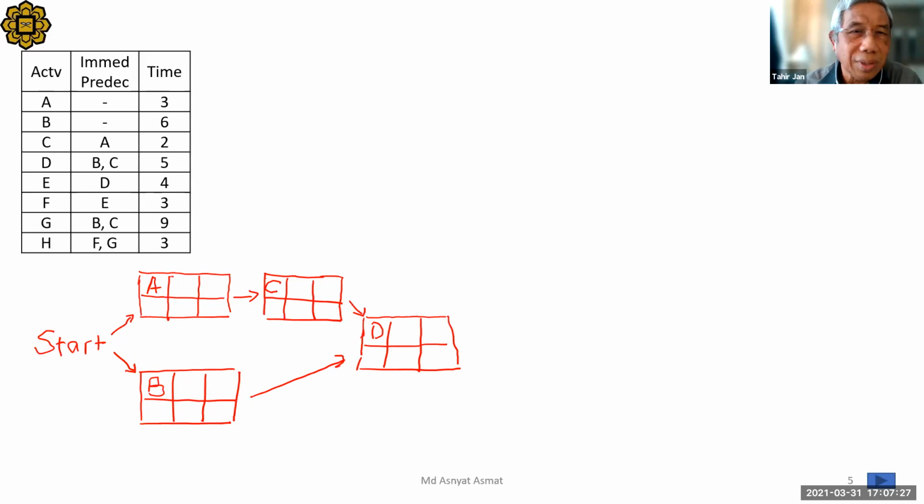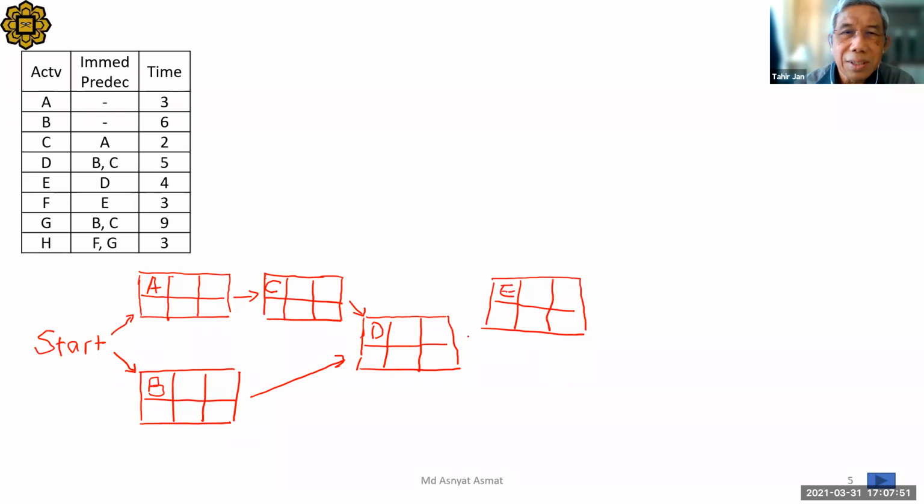Then what do we have after that? E is after D. Okay. Either continue or just go up a little bit. Not so nice, my box. What is this? E, right?